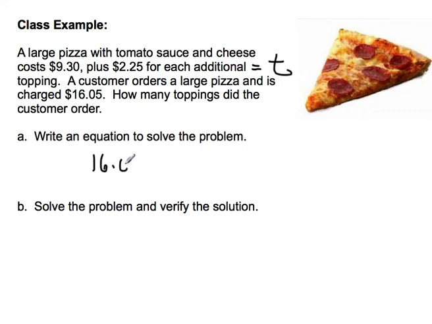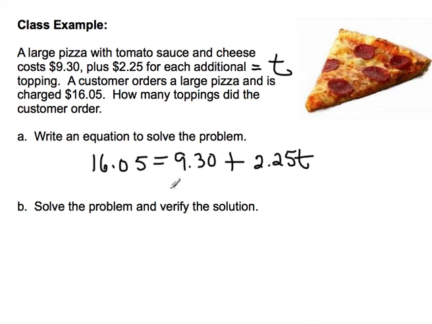So $16.05 is equal to the base price, my apologies, of $9.30. And then we're going to add each additional topping. So $2.25 times how many toppings there are, T. Okay, so there's your equation.